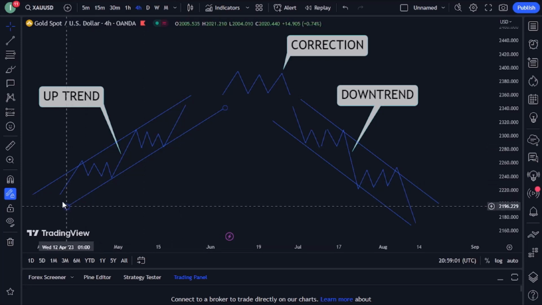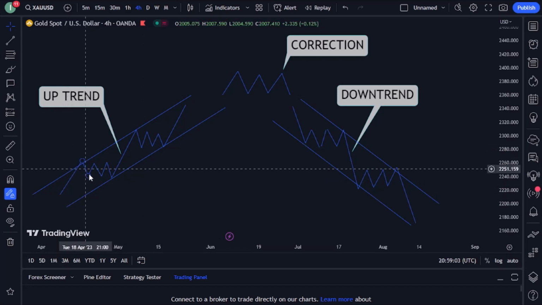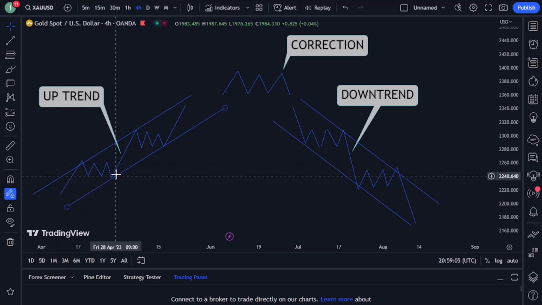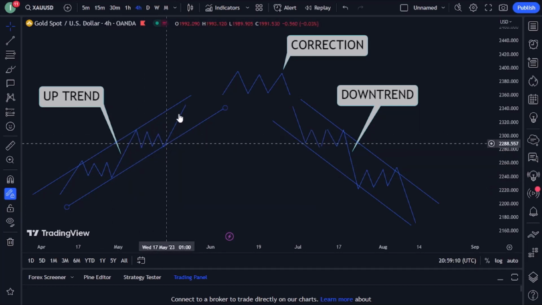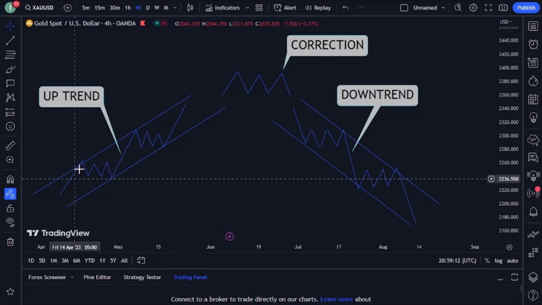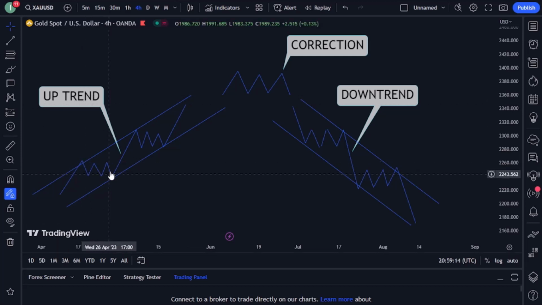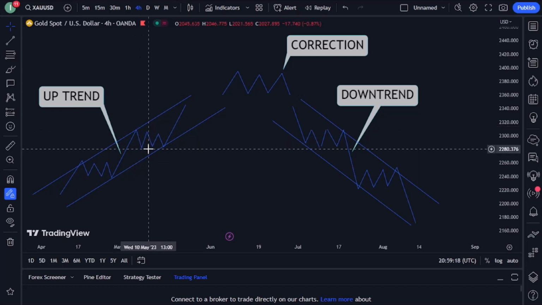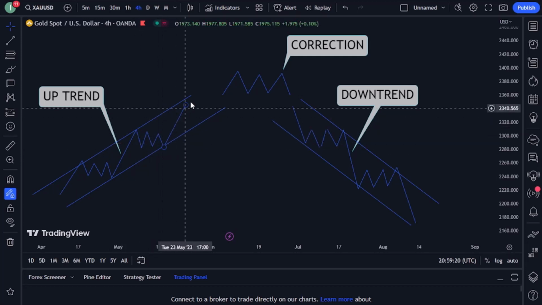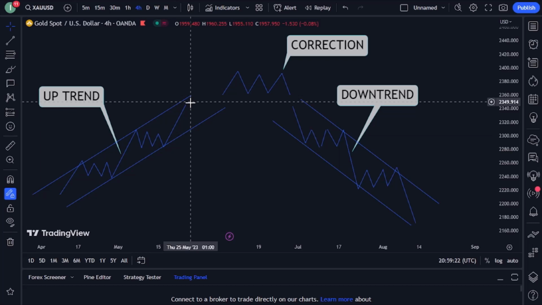Why do I call it correction? Because the market was trending up, then it corrected the move, then it went up and corrected again and went up. When it's correcting, it's gaining the momentum to push further up. You see?